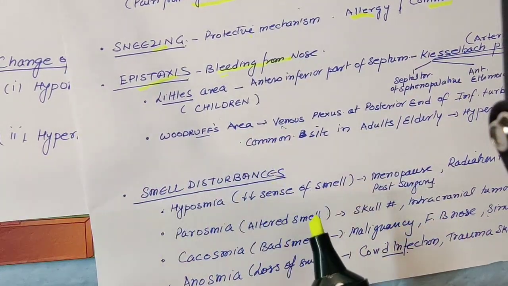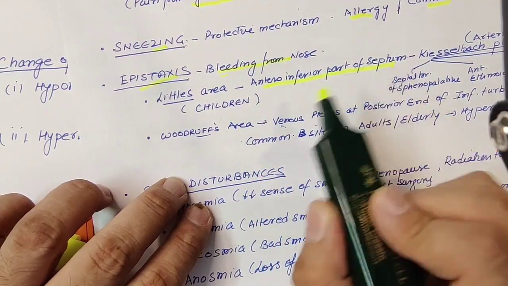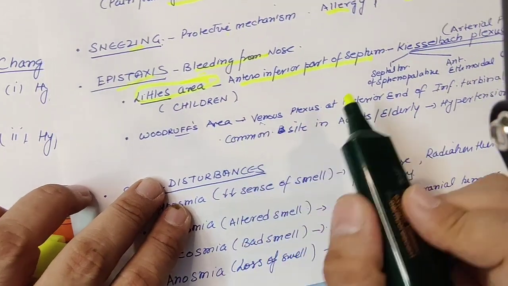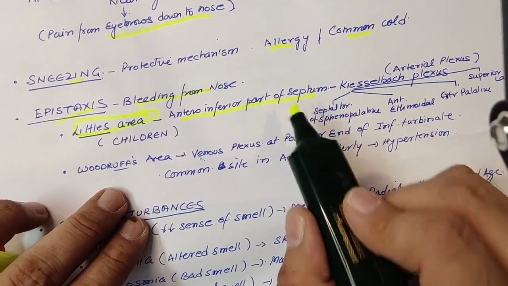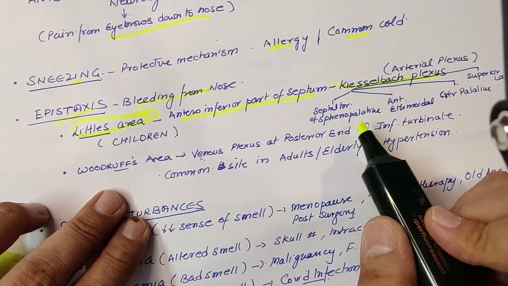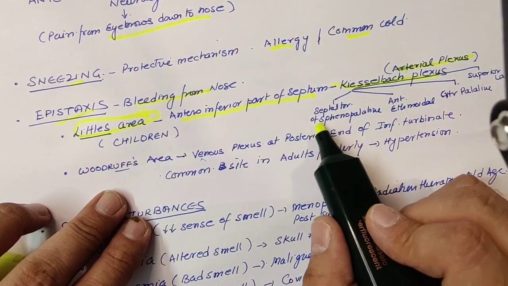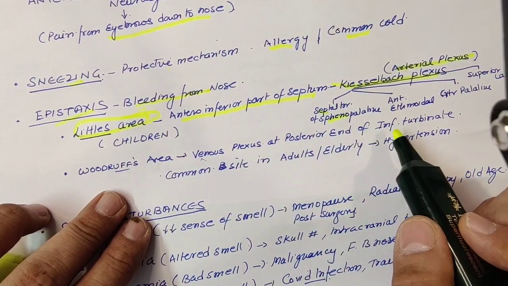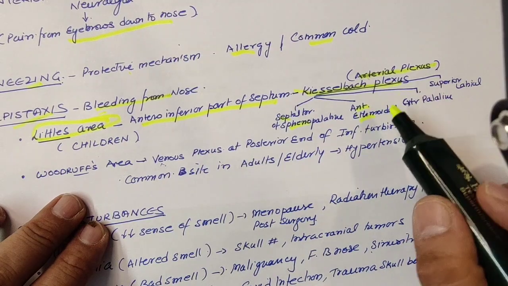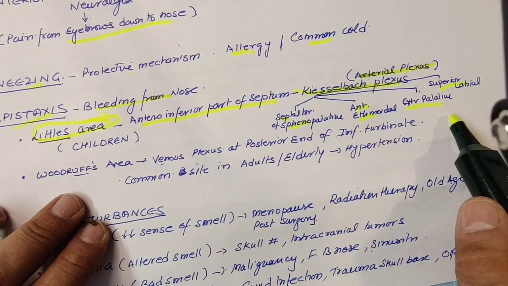Now, commonly in children and in most of the people, the bleeding is from the anterior inferior part of the septum, which is called the Little's area, and the plexus that is formed is called the Kisselbach's plexus, and it is an arterial plexus, and it is formed by the septal branch of the sphenopalatine artery, the anterior ethmoidal artery, which comes from above, and the greater palatine and the superior labial, which comes from below.